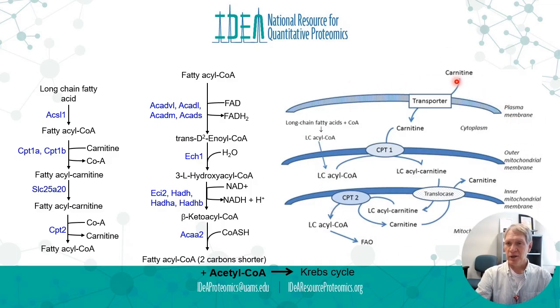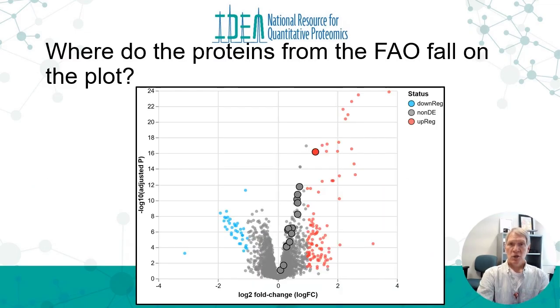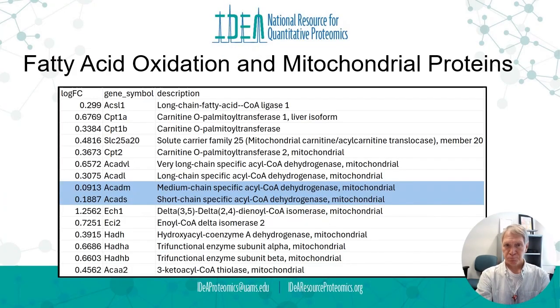This little cartoon here just shows some different layers in the mitochondria and where some of those proteins are located that are then used to break down the long chain fatty acids. So all of those proteins that I just showed you are all listed right here on the positive side of this volcano plot.